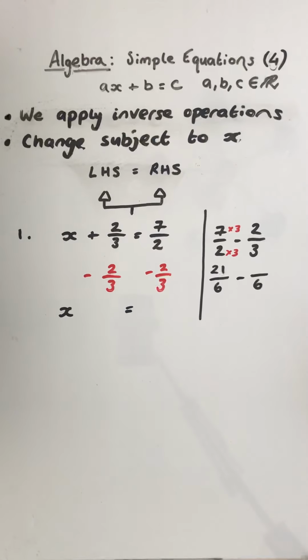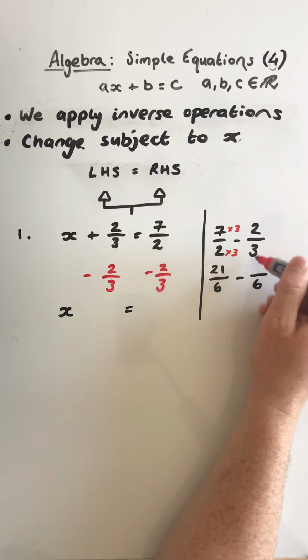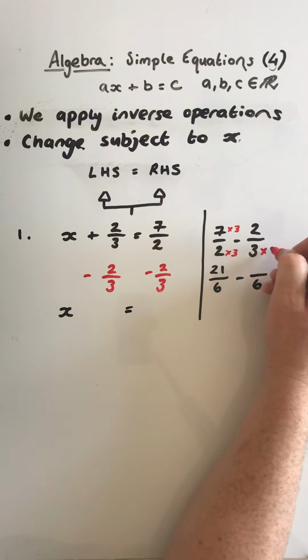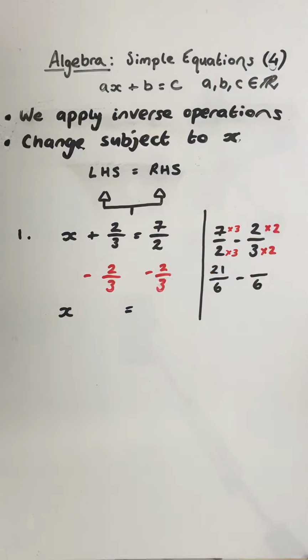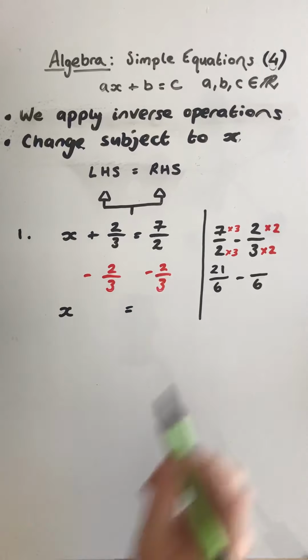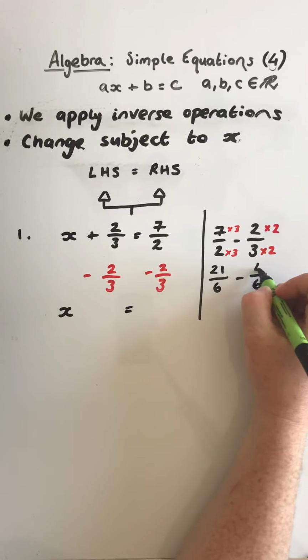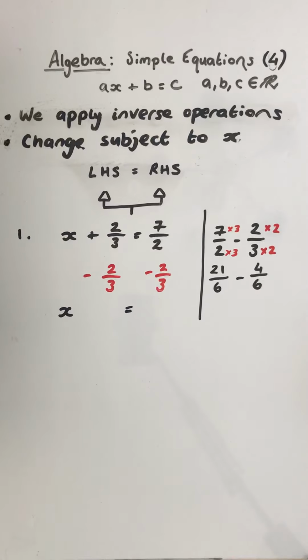So we have to do the same to the numerator. 3 times 2 gives us 6. Now you're making an equivalent fraction here. 2 times 2 is equal to 4. If this is not the method that you're used to, then please stick to that method that you are used to.